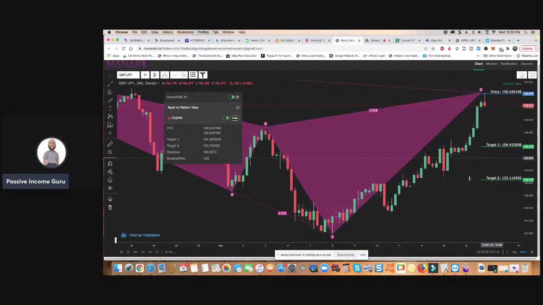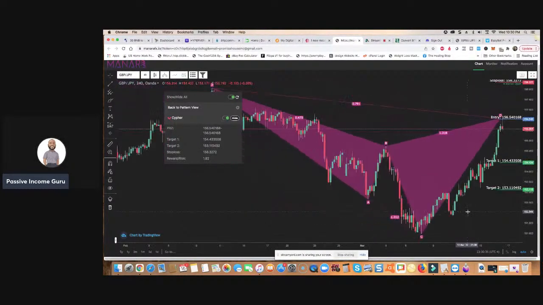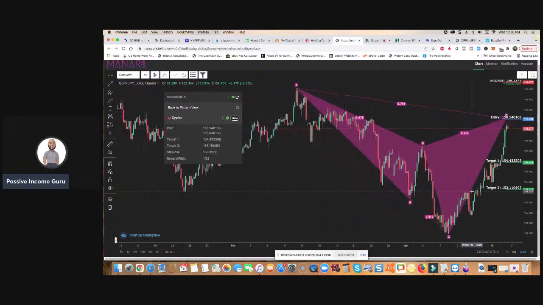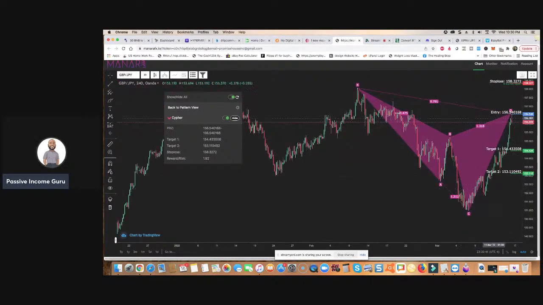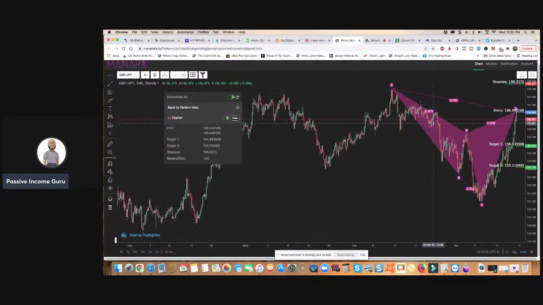I click on it, and I see that it is a beautiful setup. I check a couple of other resources. I look at my phone to see if the confluence is there. And ladies and gentlemen, this is a beautiful, beautiful trade. As you can see, again, we have resistance right here, price respecting this area here. That's why I'm in this trade, because I see price has been respecting this zone right here.